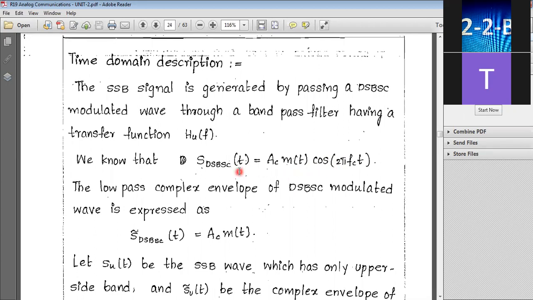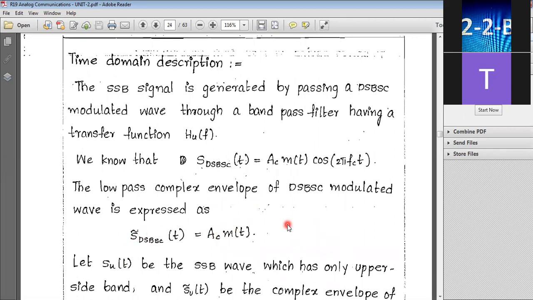But in DSB-SC, we suppress the carrier wave by passing through a low pass filter. The last stage you have is the low pass filter. So the low pass complex envelope is mentioned as the double sideband suppressed carrier signal; you must mention this symbol to represent the envelope. At the top you mention this symbol for the envelope.